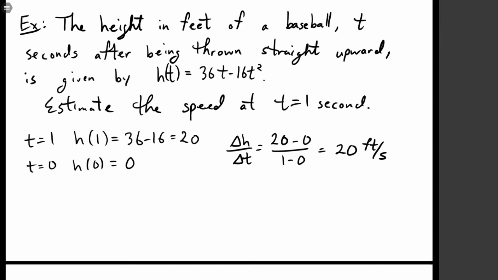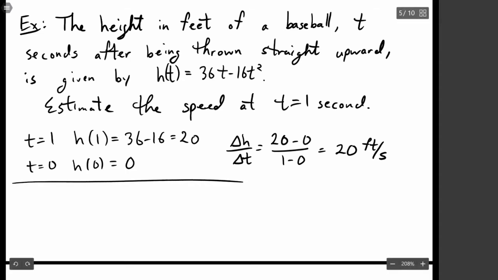Well, what we do is we just shrink the interval of time that we're using for the average velocity. If instead of looking from time 0 to 1, maybe we look from time 0.5 to 1, right?